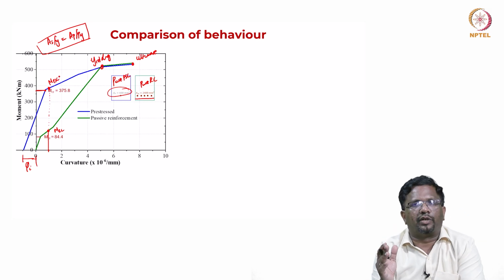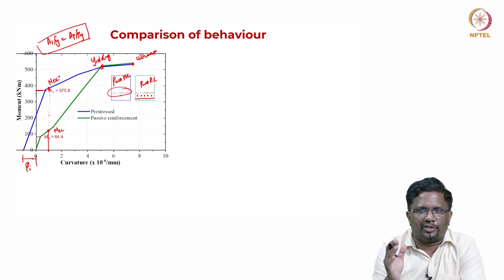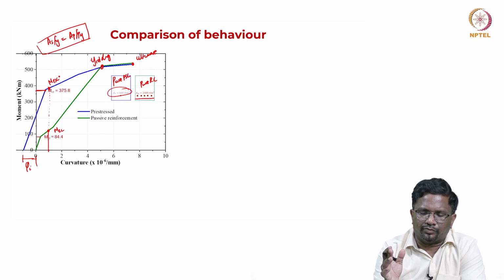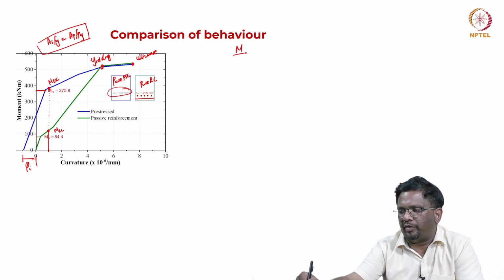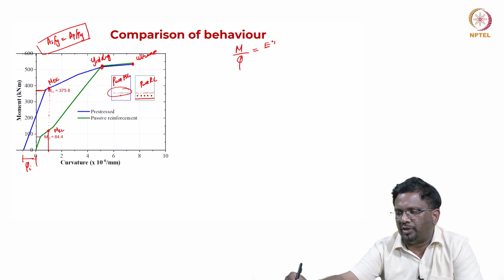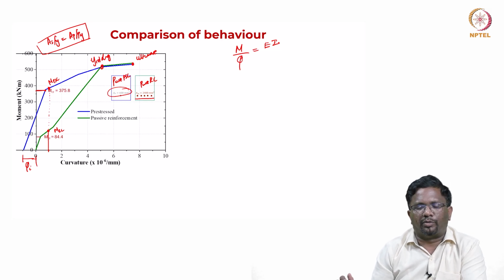For a particular curvature, the moment resistance from a pre-stress section is much higher than that of your reinforced concrete section, and we know that M by phi is your stiffness, which is your EI, flexural rigidity. So that means flexural rigidity for a pre-stressed section is going to be much higher, and the serviceability performance is going to be much better, right. So that is one thing that we have seen.